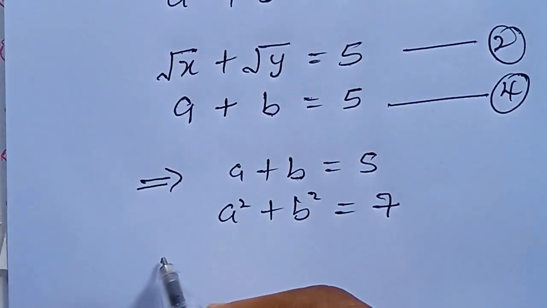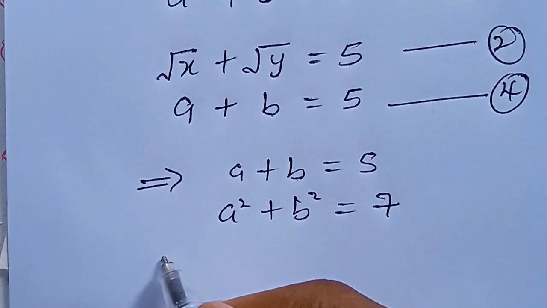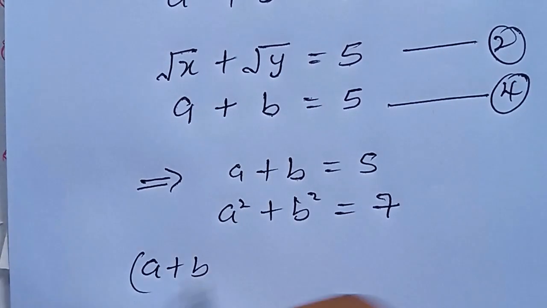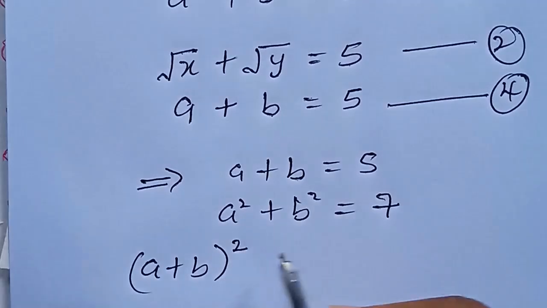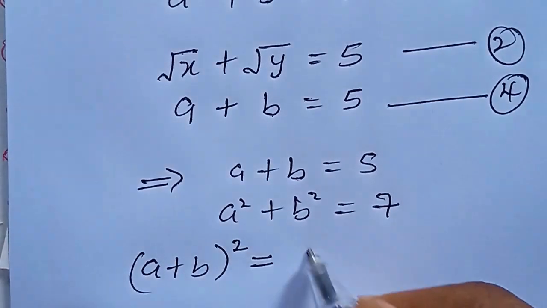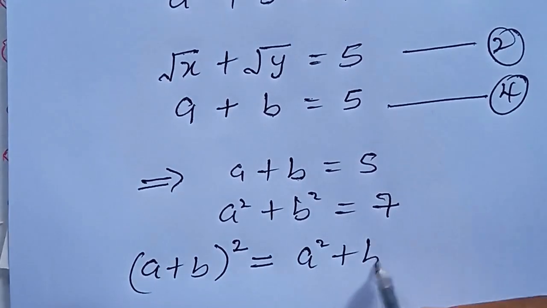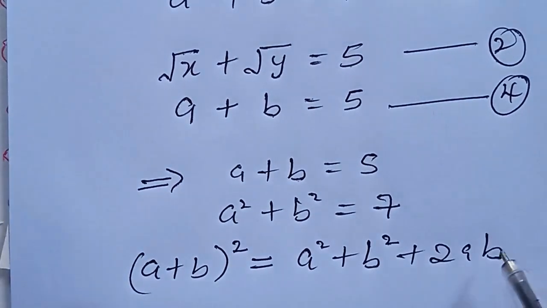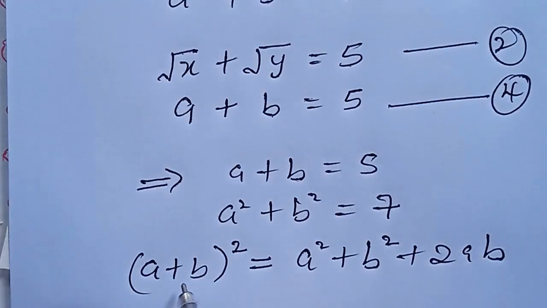Then from here, we can consider this identity of algebra. If we have (a plus b) raised to power 2, we can expand this as a squared plus b squared plus 2ab. This is going to be the expansion.